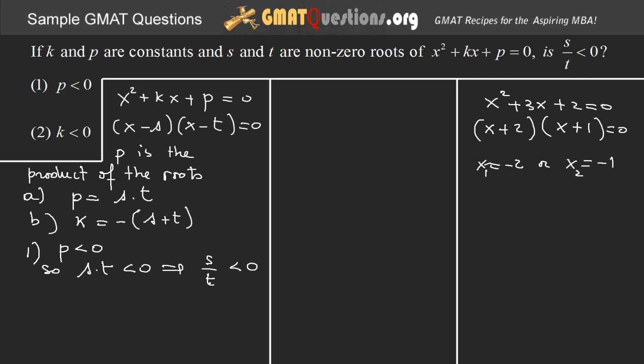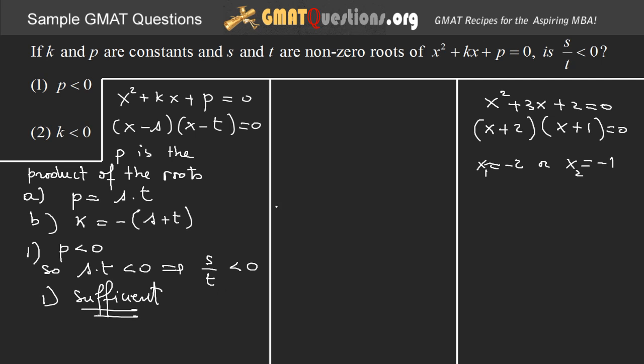That's the only exception. In any other case, the product st and the quotient s over t have the same sign. That is important. So it means that statement number 1 is sufficient to answer the question.